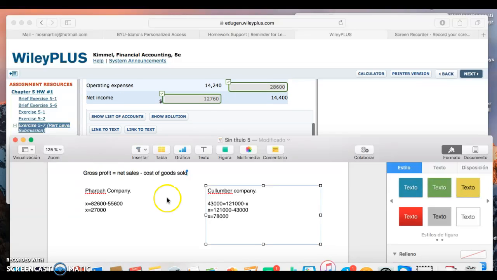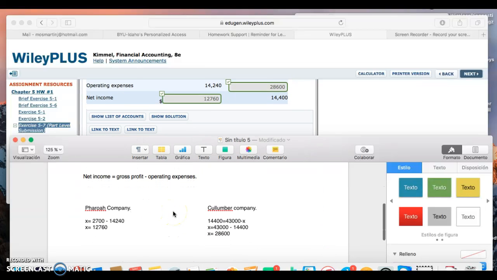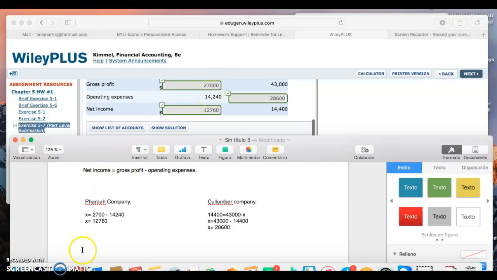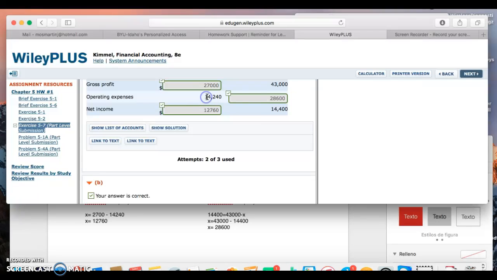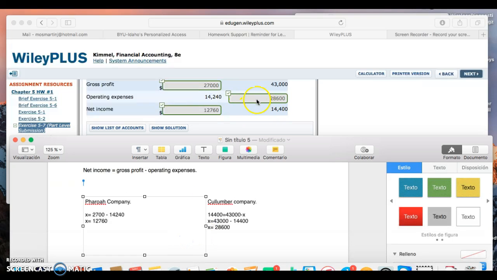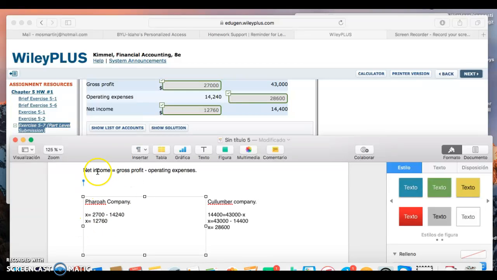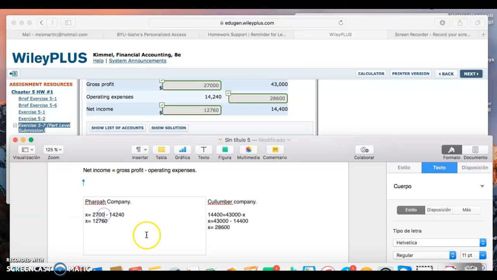So for the next blank spaces, we're going to use another formula. This one is net income equals gross profit minus operating expenses. In one case, we already have the operating expenses, and in the other one, we just have to find it. So for the firewall company, we will use the formula, pretty straightforward. In this case, I missed a 0 right here.